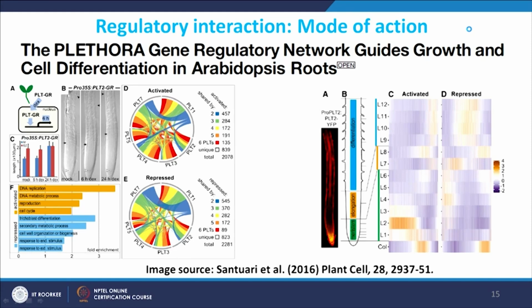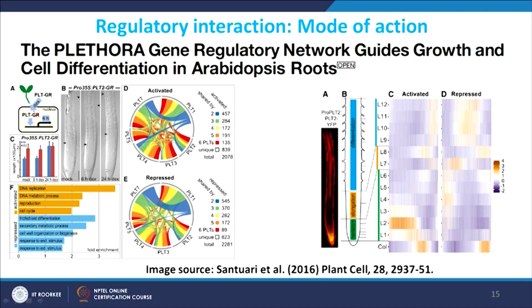And this kind of study has been taken up very recently to identify global genes regulated by PLETHORA genes. So, as I said, there are multiple PLETHORA 1, 2, 3, 4, 5, 6, 7, and what has been done is that PLETHORA genes were fused with the glucocorticoid receptor.